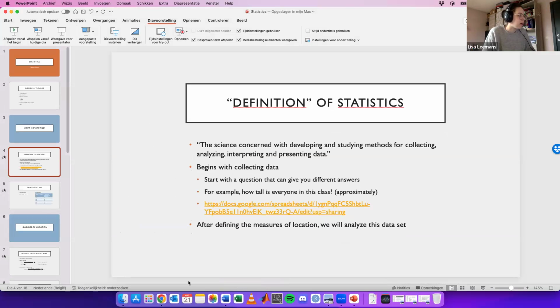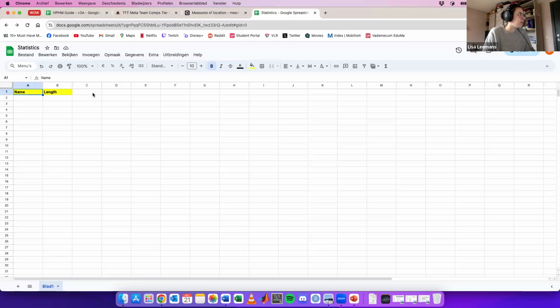So now I will change screens and go to this one. Yeah, it's fine. And just fill in your name or your length. If you're with multiple people on the same computer, just fill them in below or under each other, all together.